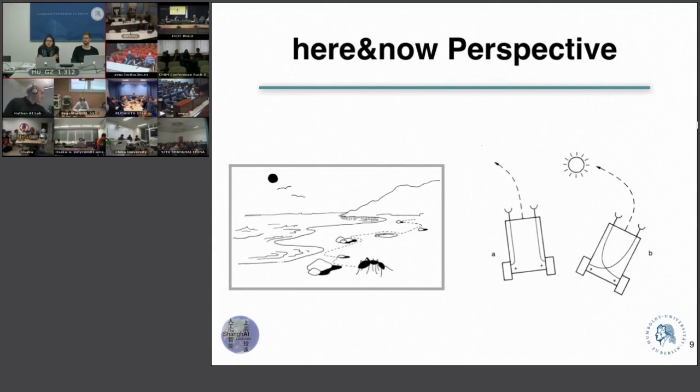And on the right side, you see some sketches of Braitenberg vehicles. We will talk about these later on. Braitenberg vehicles are very simple reactive agents, where in this example they only have two motors and two sensors, and they are directly connected, and they behave in a particular way, but there's no learning and evolution.